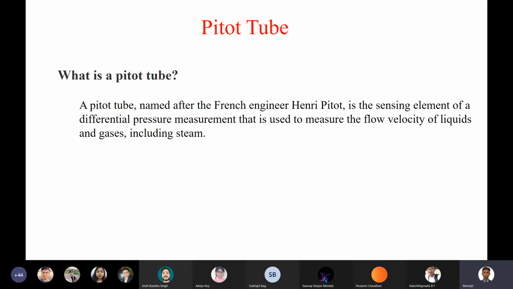I am giving you a hint. Anyone? Any idea? Aeroplane? Yes, right. Aeroplane. So why specifically does an aeroplane use this pitot tube, and not normal cars and normal vehicles that run on the ground? Any idea?